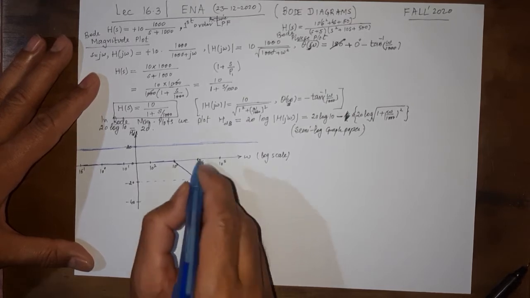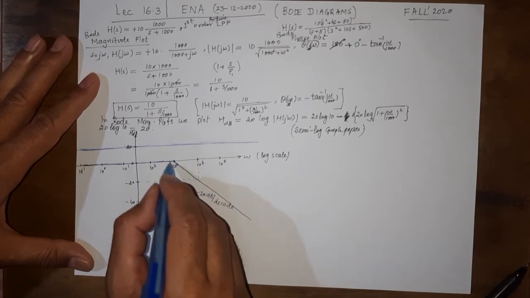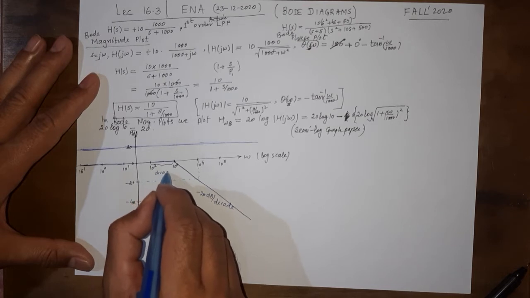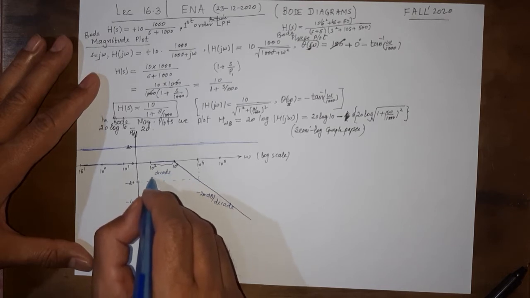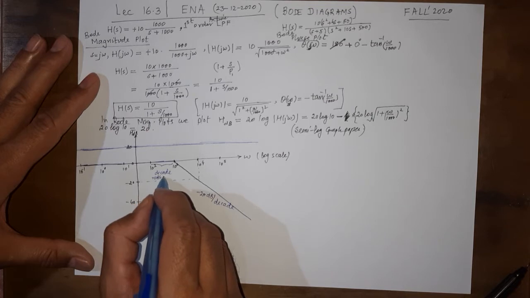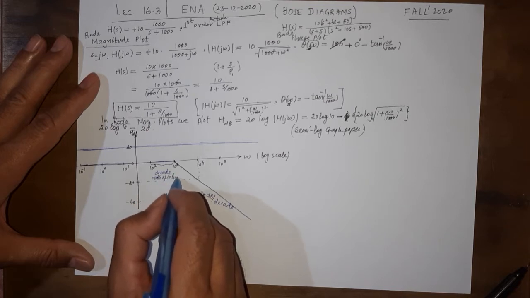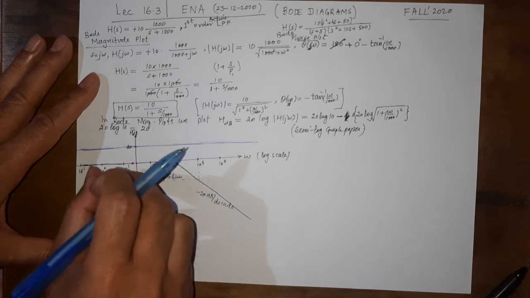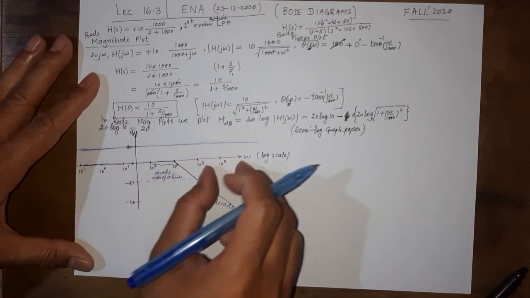What was this decade? This distance, this much distance, is known as a decade. Decade means a ratio of 10 times.